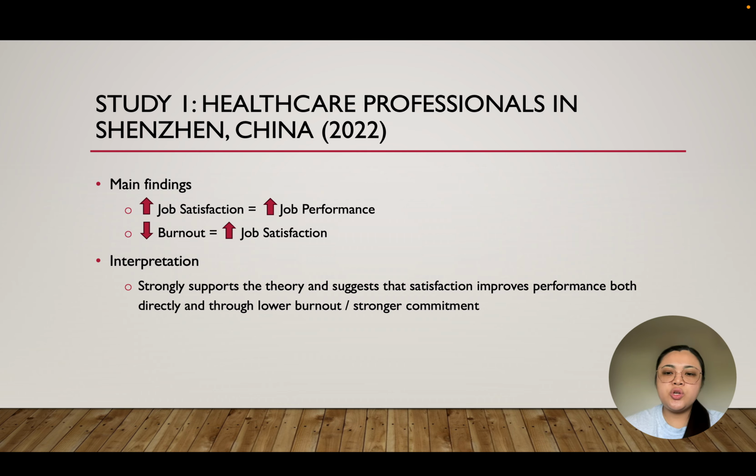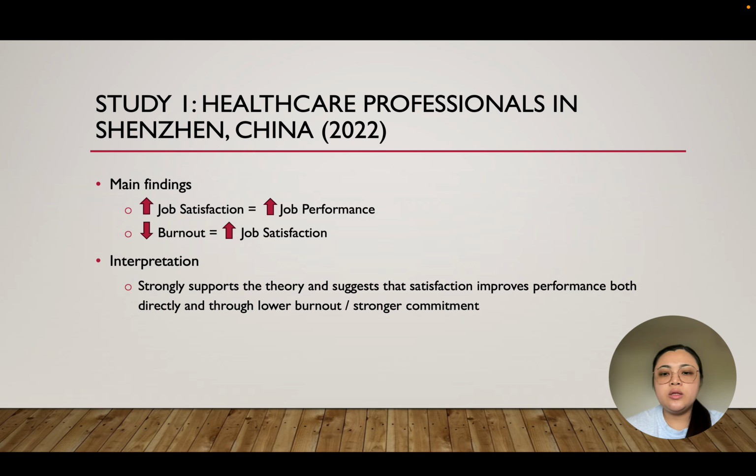The results show that job satisfaction was positively related to job performance. So employees who were more satisfied generally performed better at the job. The study also found that lower burnout was linked to higher job satisfaction.